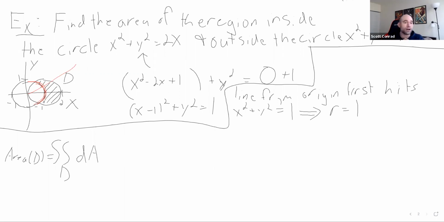So we need to write each curve as r equals something. The first curve we hit is the circle x squared plus y squared equals 1. That's r equals 1.